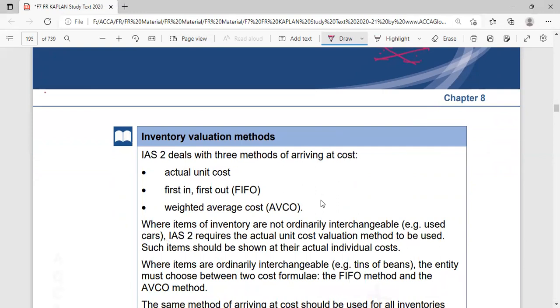Then coming to the next one, methods for valuation of inventory.